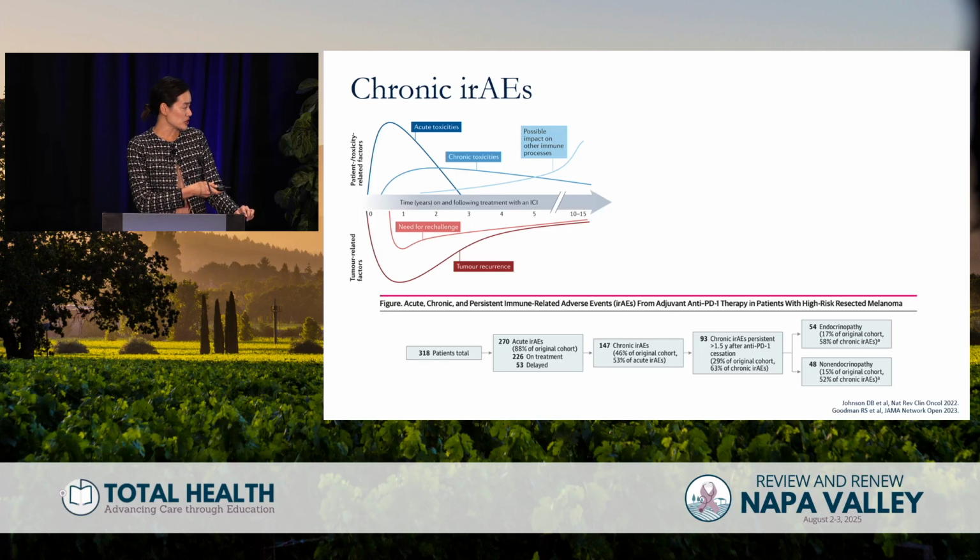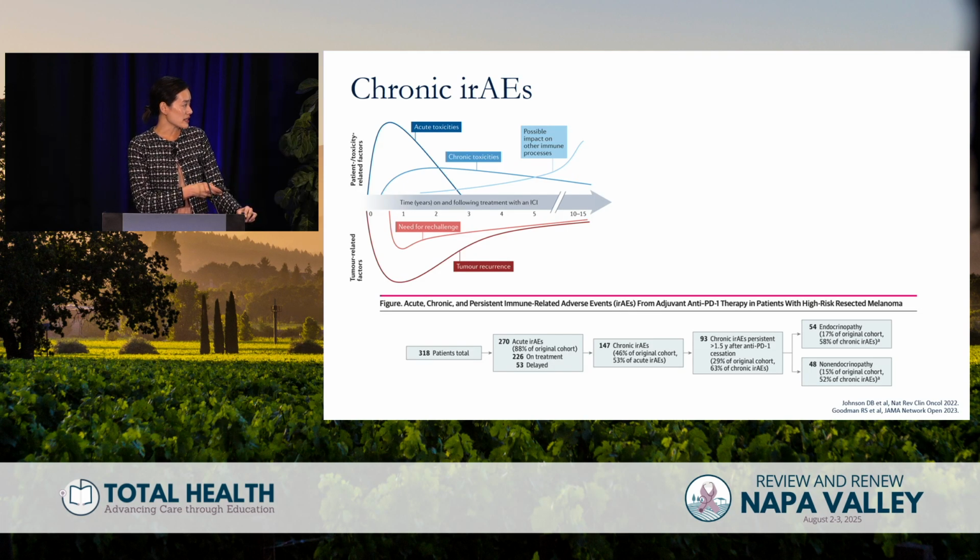Basically, they showed that in patients receiving adjuvant PD-1 monotherapy, of approximately 300 patients, 46% went on to develop chronic IRAEs. Also importantly, 53% of those who developed acute IRAEs went on to have a more chronic, indolent manifestation of their particular sign or symptom.